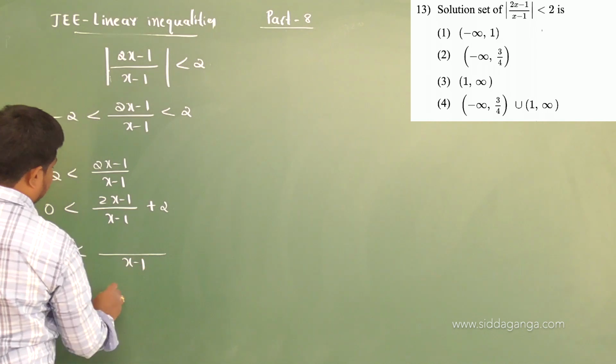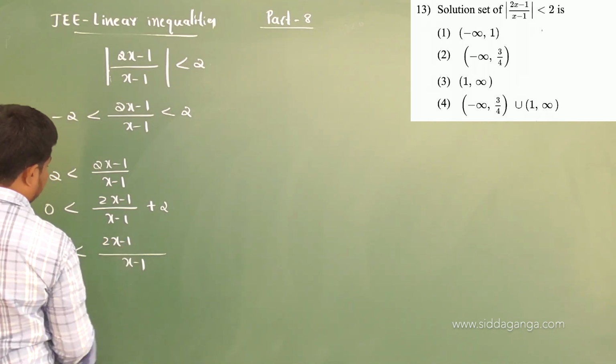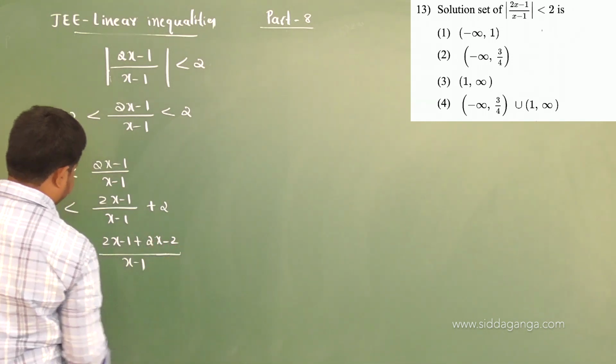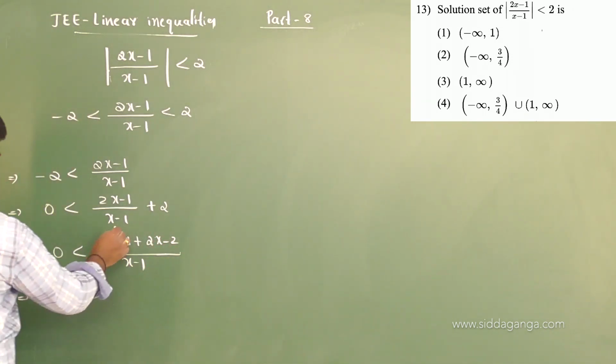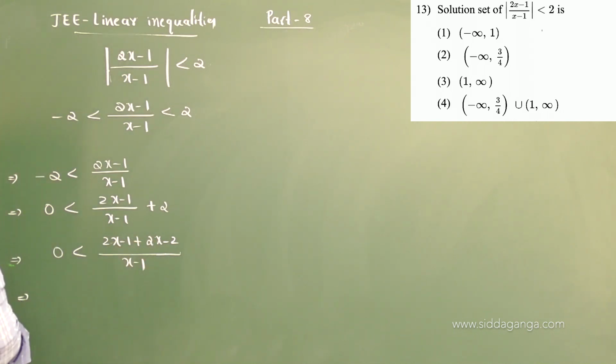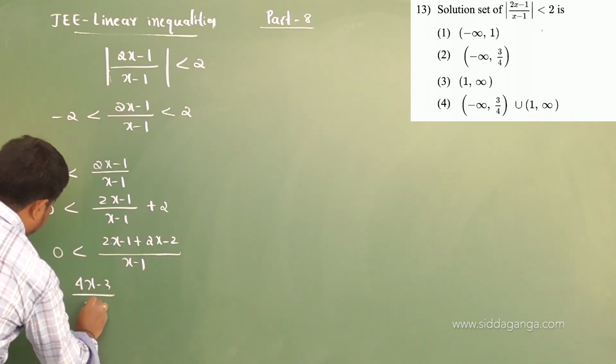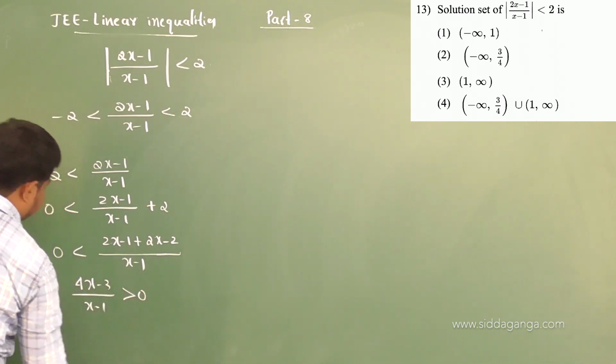You get x minus 1 on taking LCM, 2x minus 1 plus 2x minus 2, or this is 4x minus 3 by x minus 1 is greater than 0.